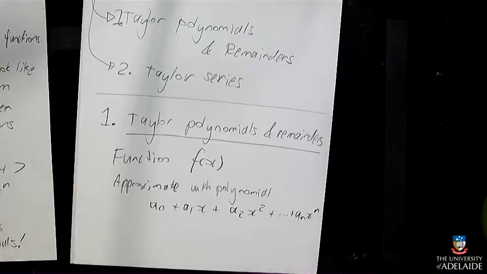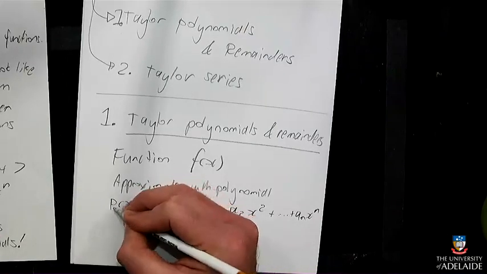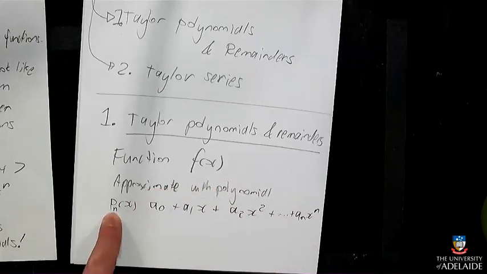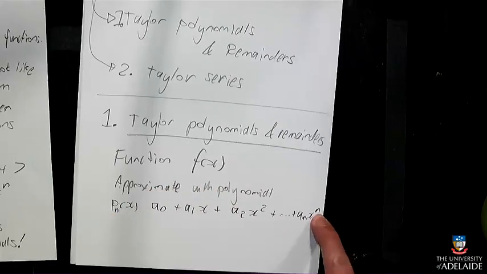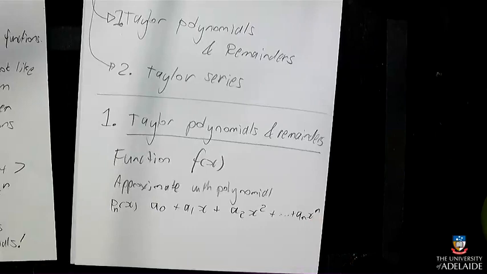And I'm going to say Pn because the biggest power is n. And the best choices for those coefficients involve the derivatives of f. That's the idea.